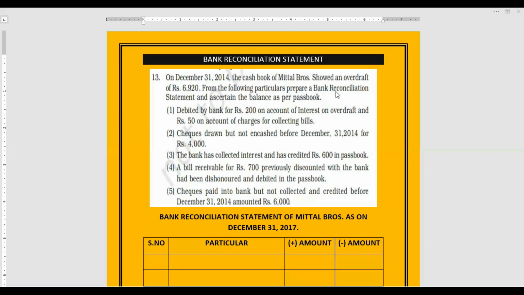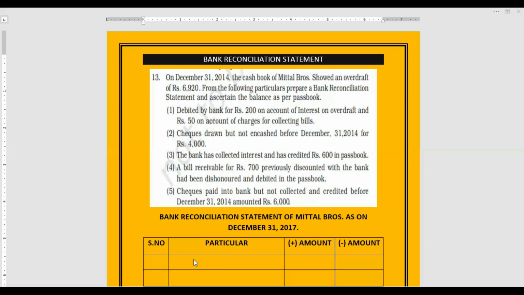And from the following particulars, they asked us to prepare a bank reconciliation statement and ascertain the balance as per passbook. That means the overdraft as per the cash book and the overdraft as per the passbook are not tallying. They are asking us to find out the overdraft as per passbook.